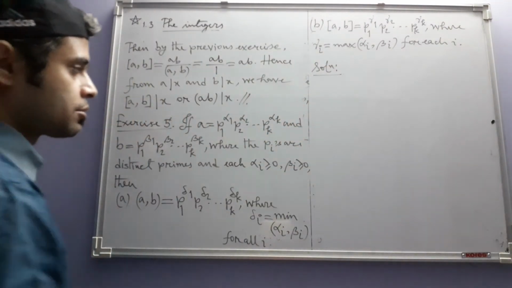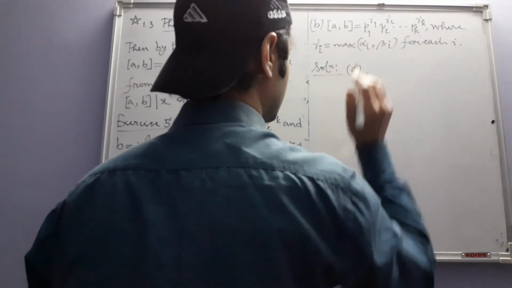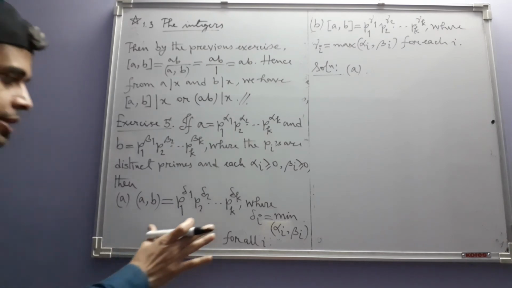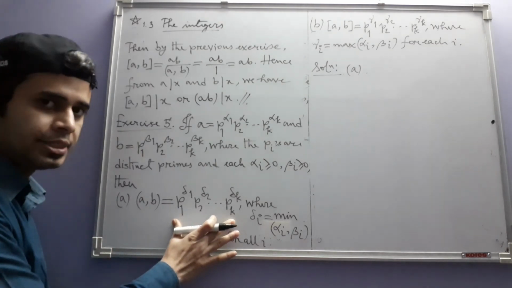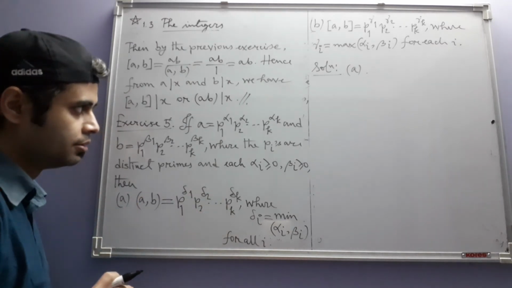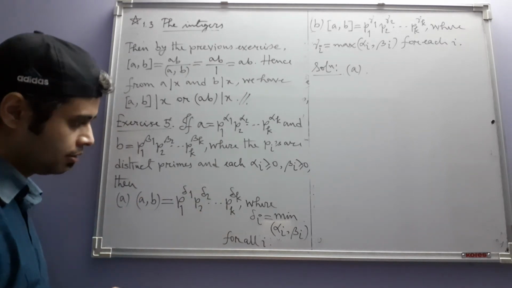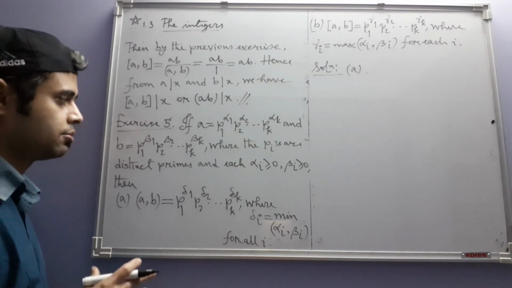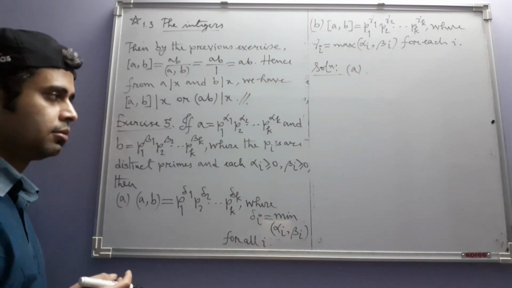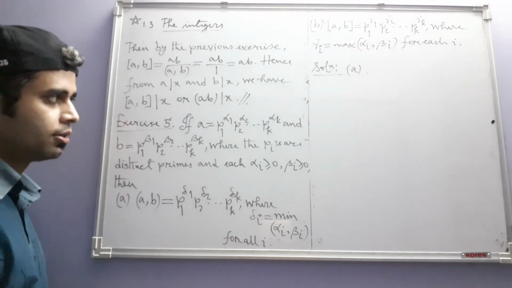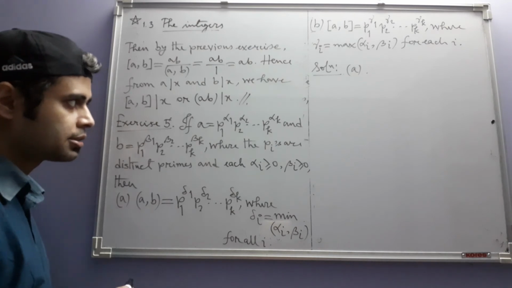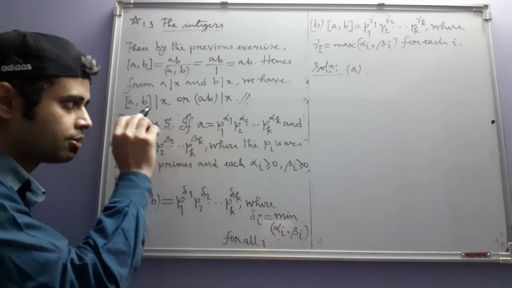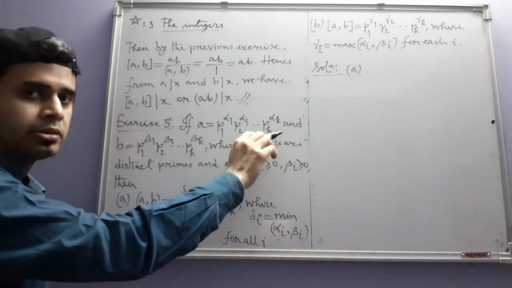Okay, now we come to the solution. So we have to show that this number is the GCD of A and B. One thing you can notice here is that we haven't said anything about whether at least one of A and B is 0 or not, but you can see that those things have been taken care of by the fact that this integer has a prime factorization.